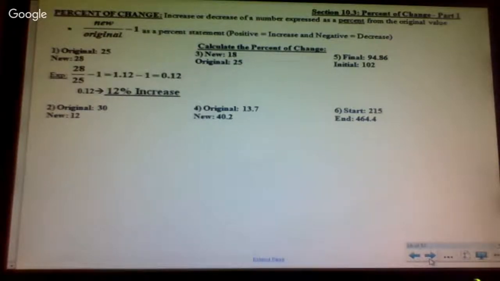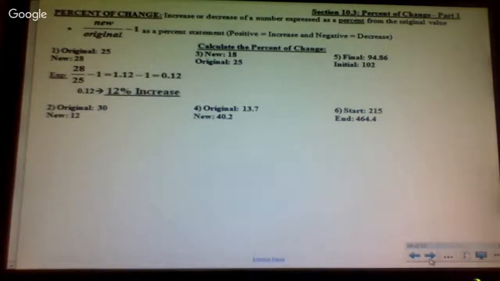So, if something is priced originally at 25 and my price goes up to 28, has my price increased or decreased? Increase. What we're going to find out is what percent did it increase by. So in order to do that, you always take your new value, your new price, divide it by the old price, subtract off 1, and that tells me 0.12, which is a 12% increase. It comes out positive, so that tells you it's an increase.